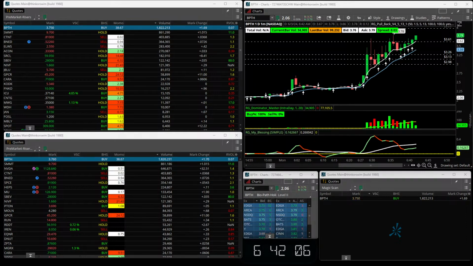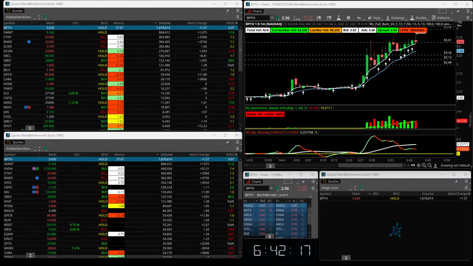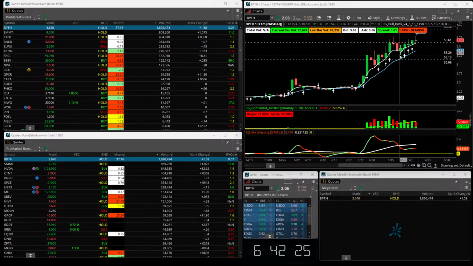Pushing above that 360 now, going to make a new high at 379. $380, pulling back, profit takers. So you don't chase it in this area. The play would have been back here. And a very hard play to call.